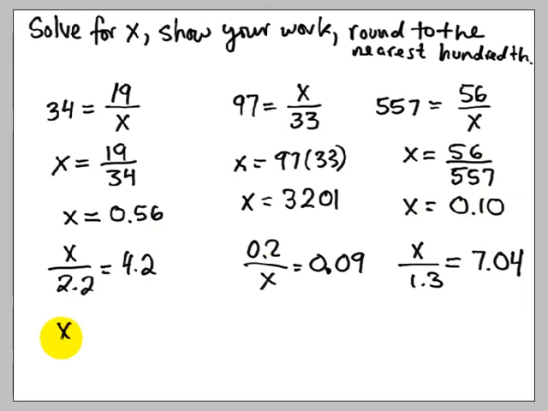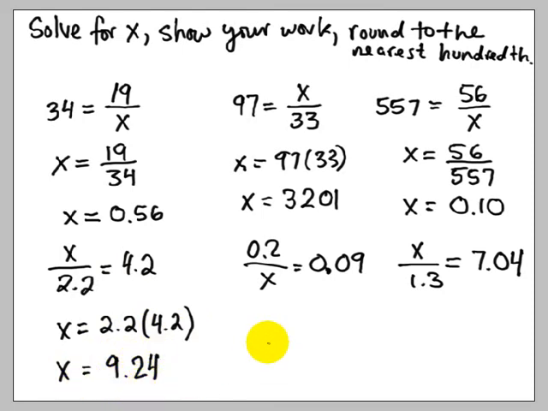Here in this one, x is going to be this times this. 2.2 times 4.2. Go to my calculator. 2.2 times 4.2. 9.24. That's an exact value there. We don't need to round. In this one, x is going to be this divided by that. 0.2 divided by 0.09.